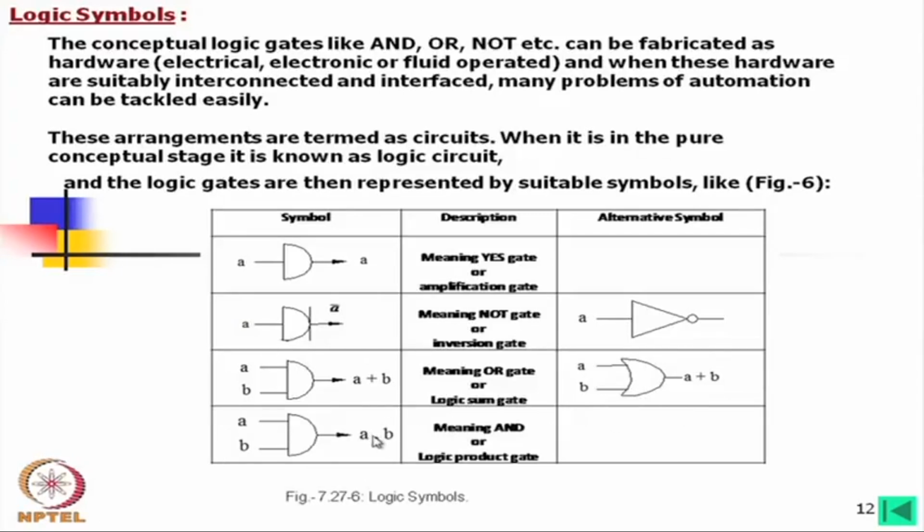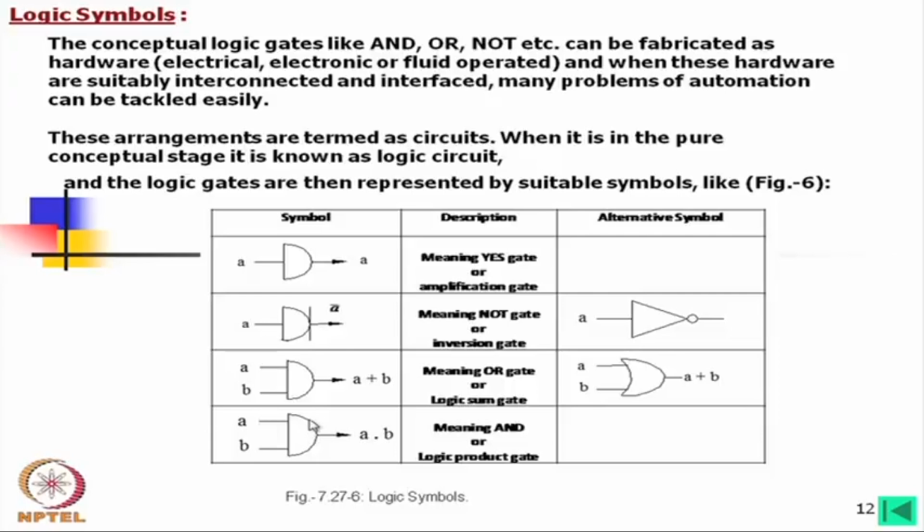Not many cases, in some cases I would say look alike. Say in this case you see these two look alike, but this is for A dot B, meaning AND gate. What is an AND gate?